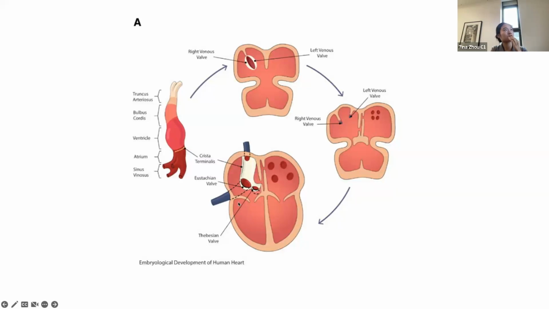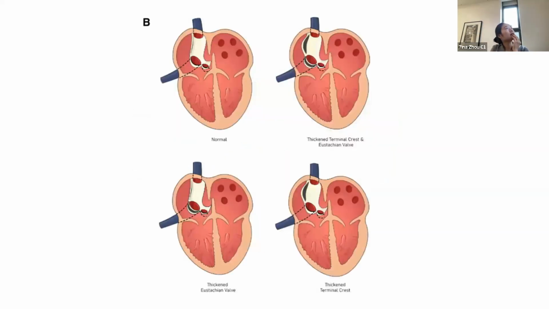The crista terminalis is formed between the primitive atrium and the sinus venosus. As the sinus venosus develops into the atrium, it meets the primitive atrium. The more trabeculated part of the atrium comes from the primitive atrium, while the smooth part of the atrium comes from the sinus venosus.